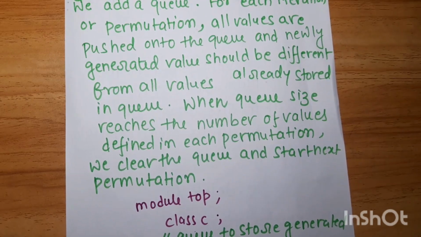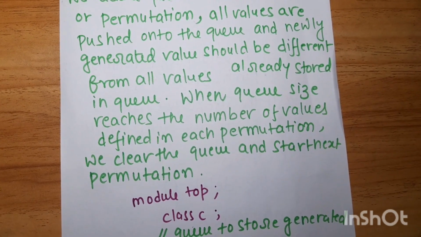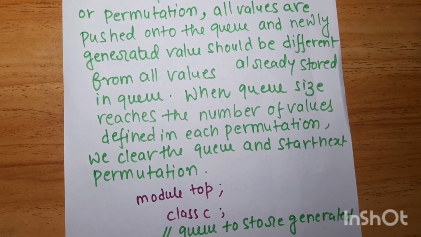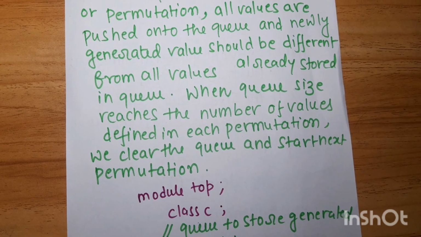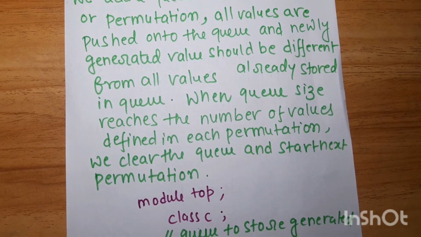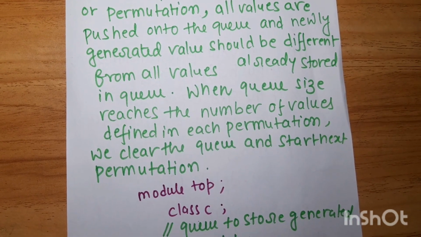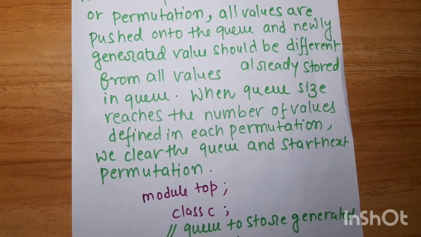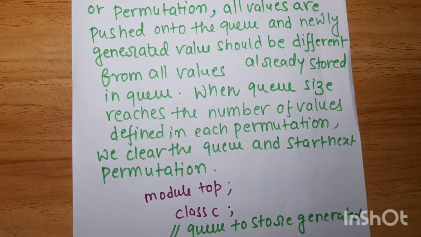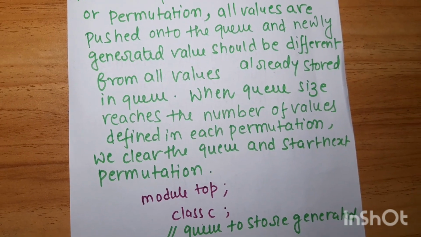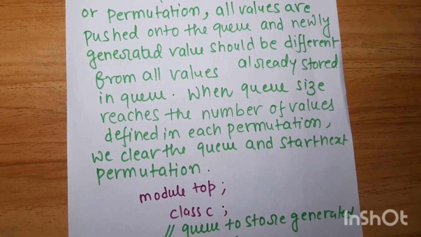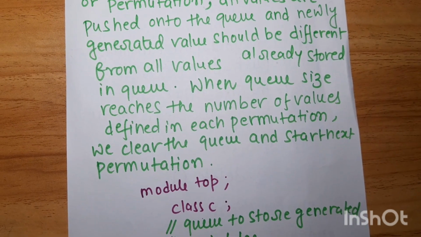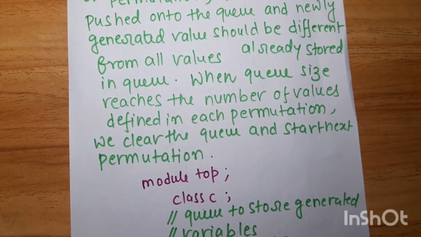For [2:0] data, there are 8 possible values for each permutation, 0 to 7. When the queue size reaches the maximum number of values defined in each permutation, we clear the queue and start a new permutation.